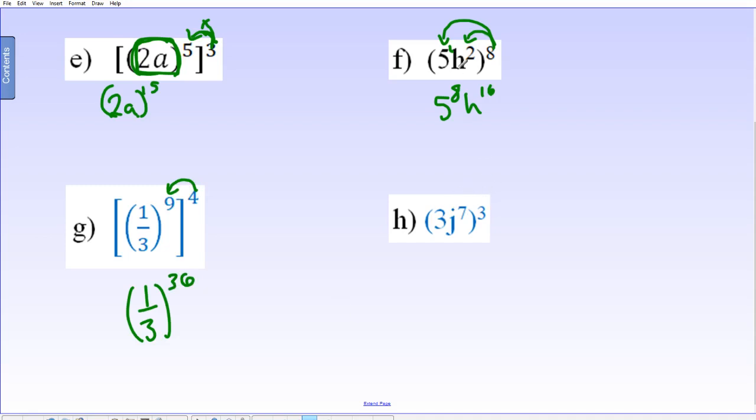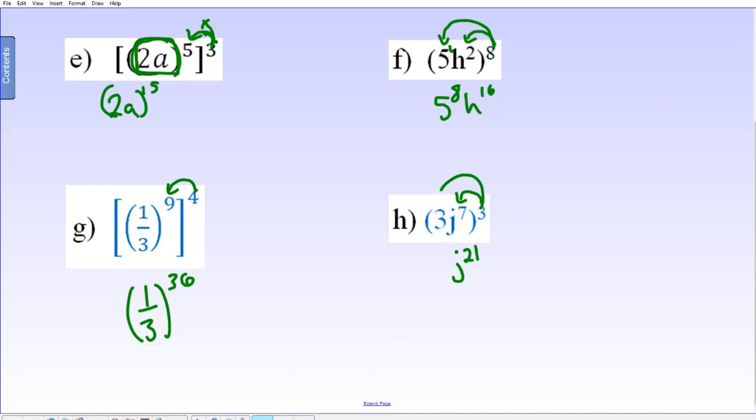Letter H, if you took the previous example, letter F, to heart, you took the outside exponent times the inside exponent, giving you j to the 21st power. But also this 3 needs to be multiplied by this exponent, not the 3. I'm not taking 3 times 3 and getting 9. That's wrong. I need the exponent on the 3.